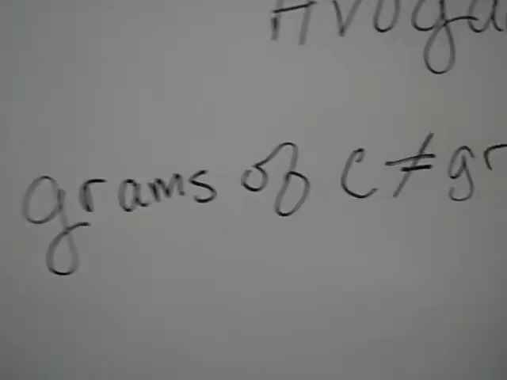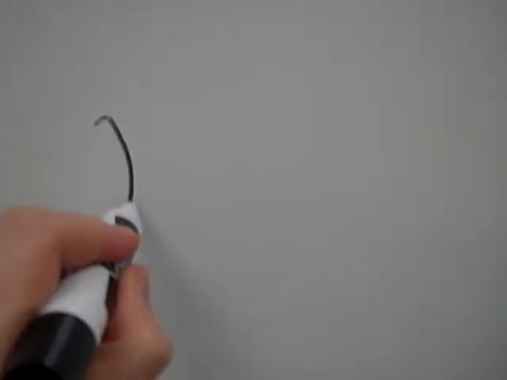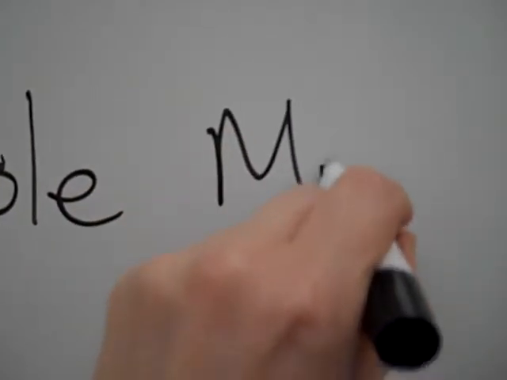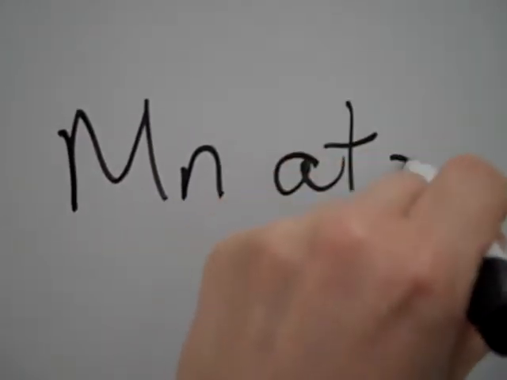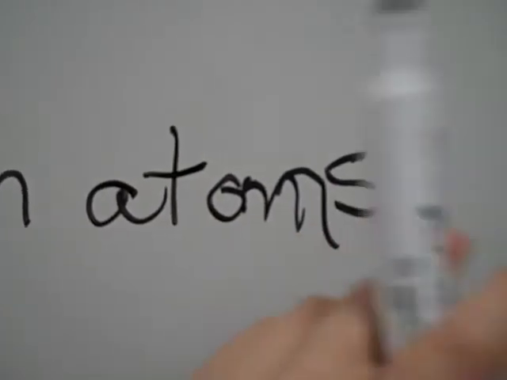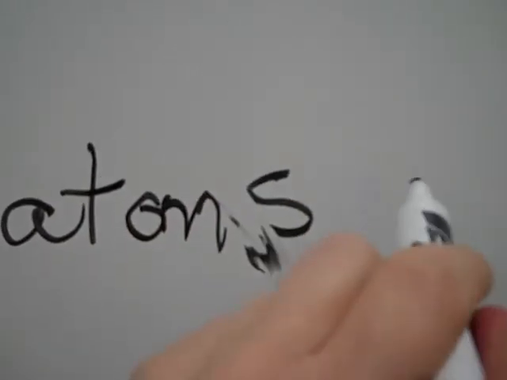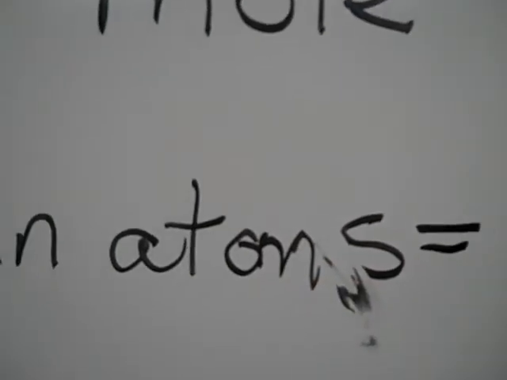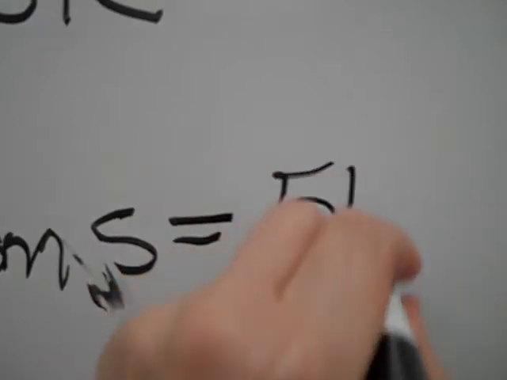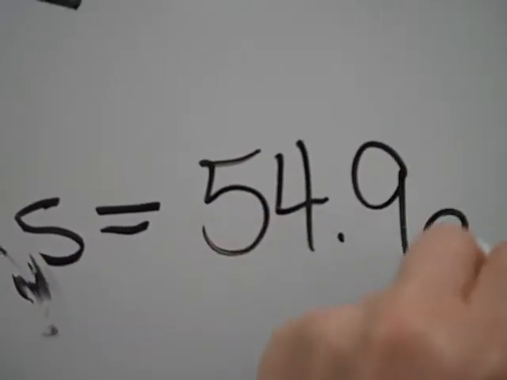And what I've just done by combining 2 units like that, by saying 1 mole of manganese atoms has a mass. It's hard to write looking through a screen. 1 mole of manganese atoms equals 54.9 grams. And what's the rule?